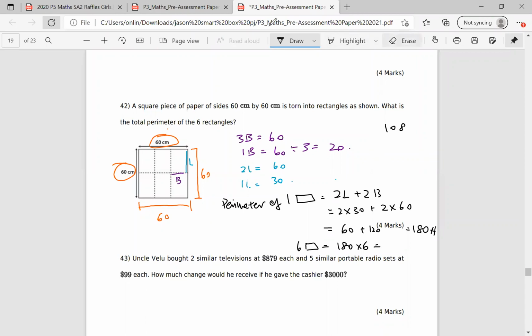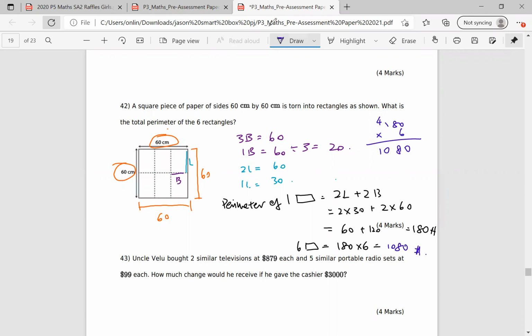Let me erase. So we need to do the step out, like for most students that will have problem with mental summing in this. So we have 0 times 6 here, we have 0. 8 times 6 here, we get 48. And then we will have 1080 here. So 1080 is the answer that we should have here for the total perimeter.